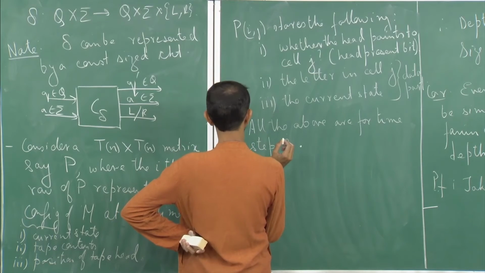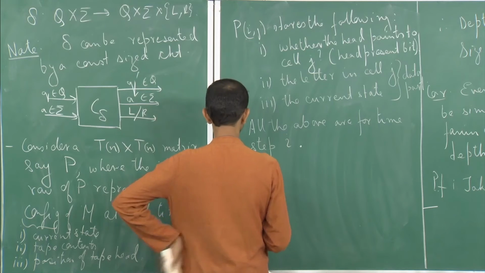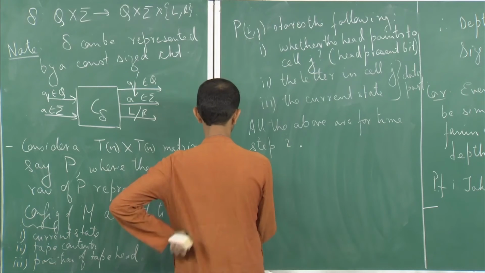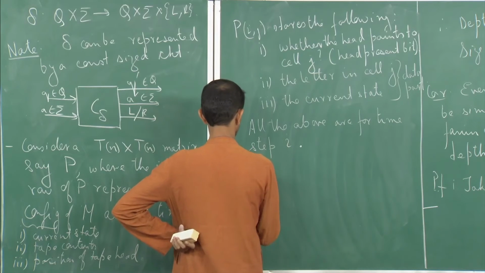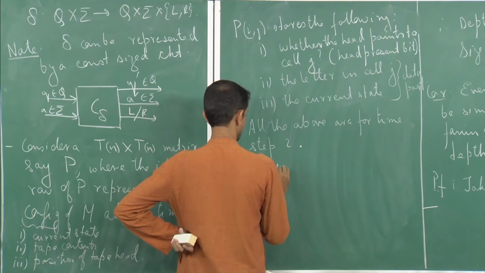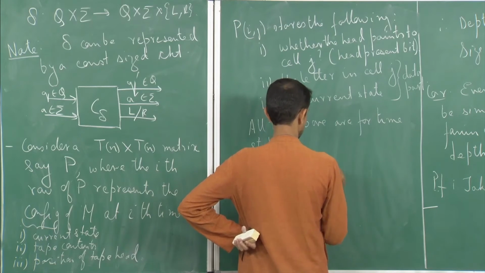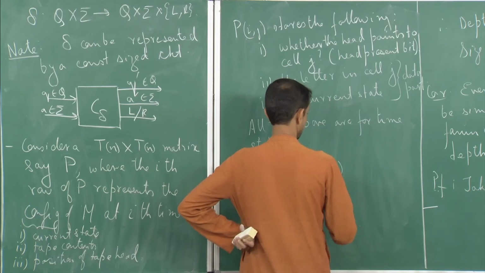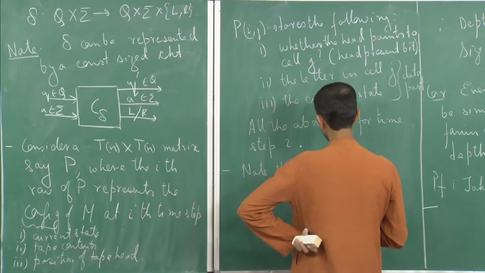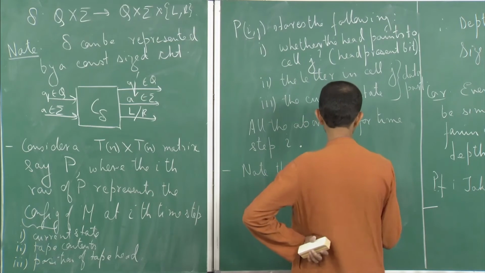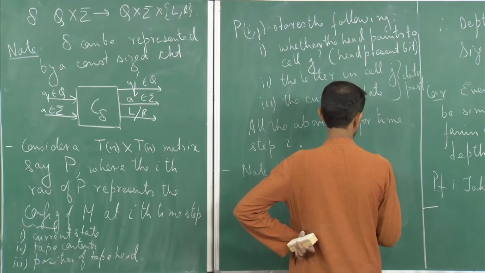So the next step is, note that any entry of P_ij, what does it depend on?